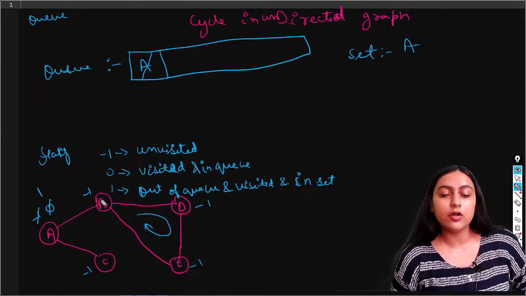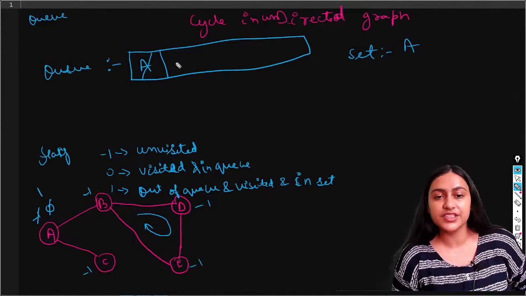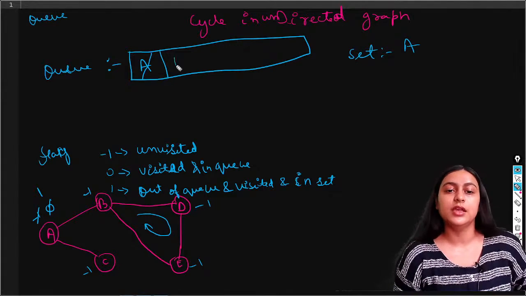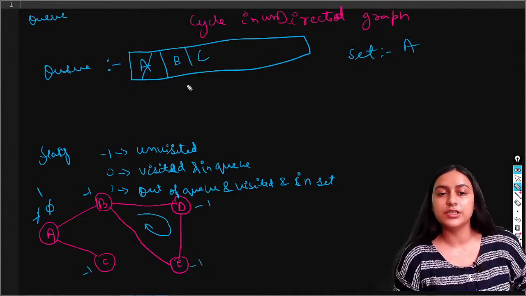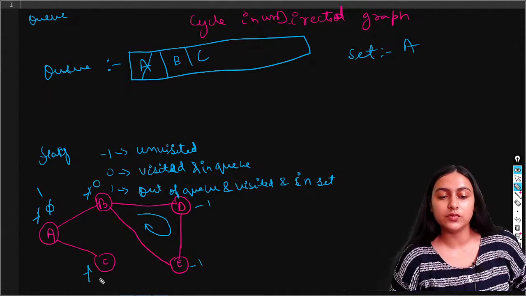While doing this we also see the neighbors of A. The neighbors of A are B and C. I can go B then C or C then B, it's totally my choice. I'm writing B and C for now. Because we have pushed B and C in the queue, I'm going to change the flag value from -1 to 0. Now the next value in the queue is B.